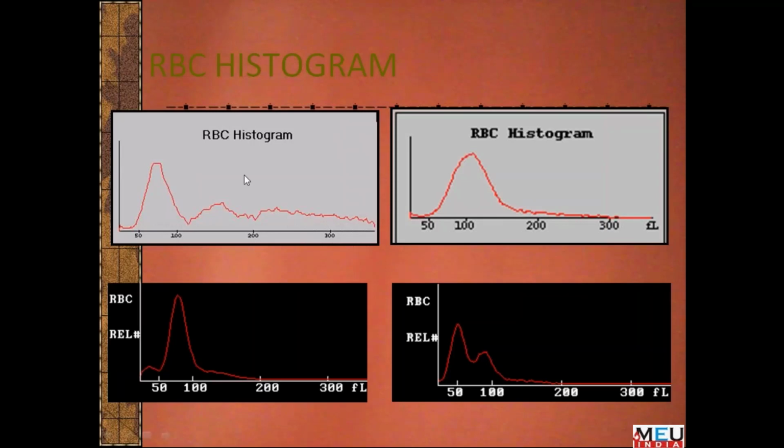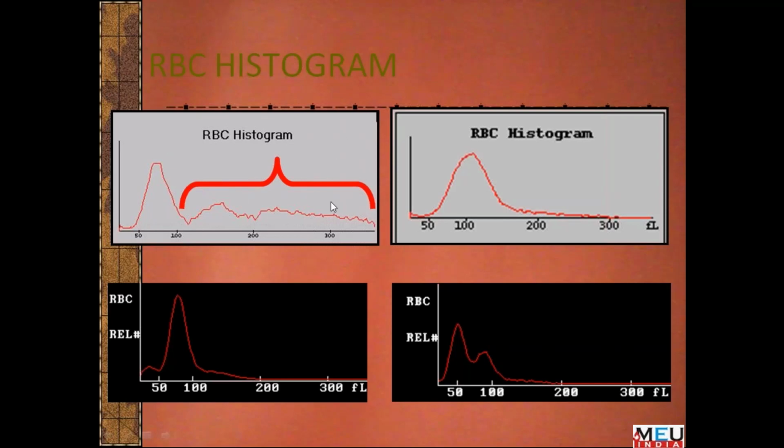Now in this RBC histogram, we can see that the peak is still around the middle, around 90, but there is a big disturbance.